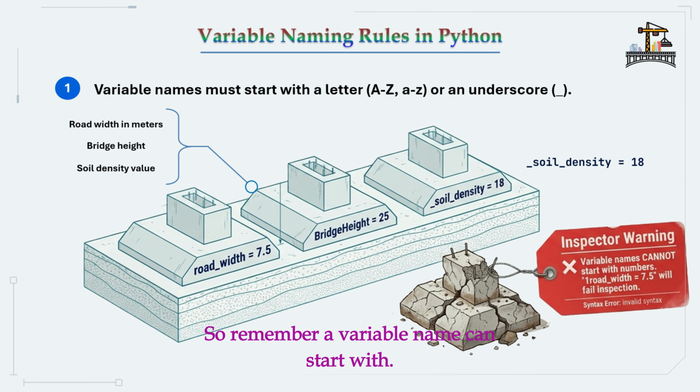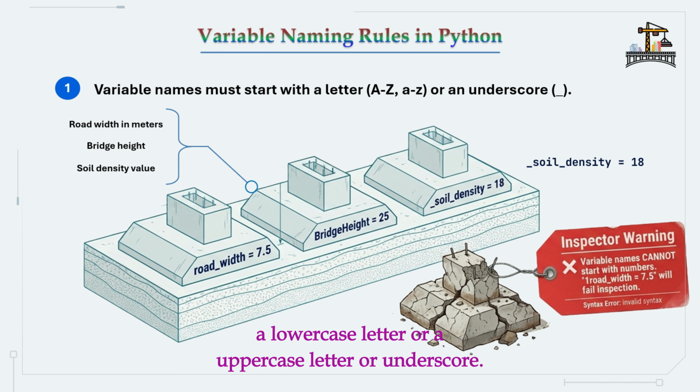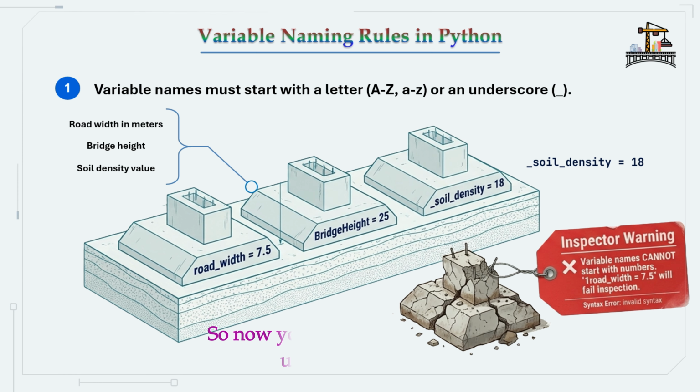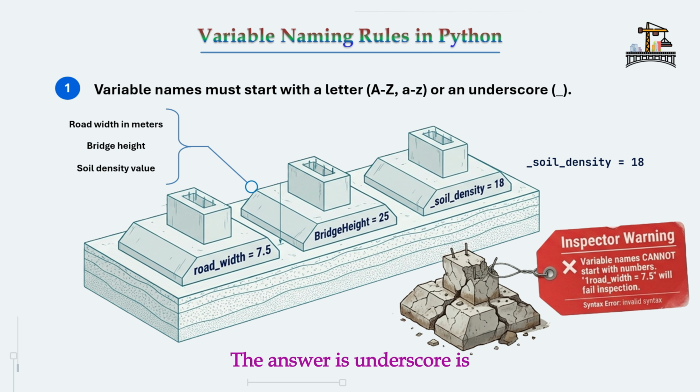So remember, a variable name can start with a lowercase letter, an uppercase letter, or an underscore. Now you may ask, why do we use underscore? The answer is, underscore is often used to improve readability.